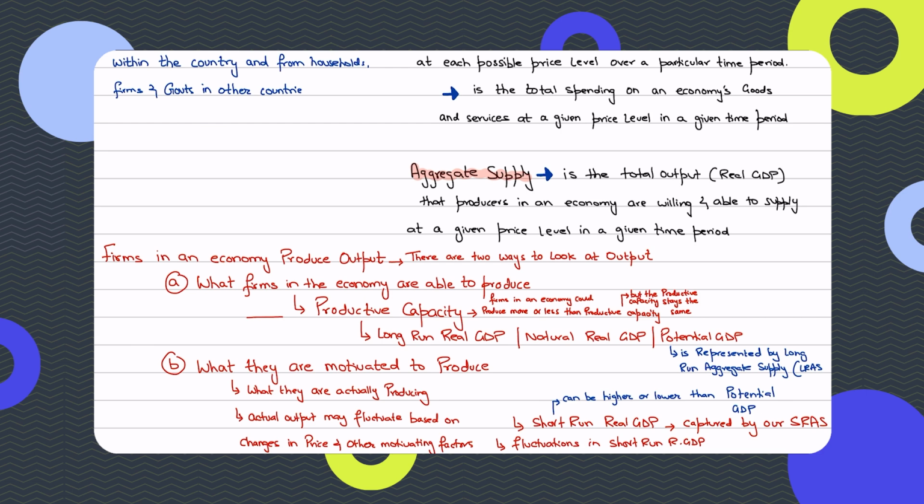While the actual GDP would constantly be fluctuating, going up and down due to various changes in the economy. One of the changes that makes your actual real GDP fluctuate is changes in the price levels, while there are various other changes as well that you will study later on, right? So that is your actual real GDP.